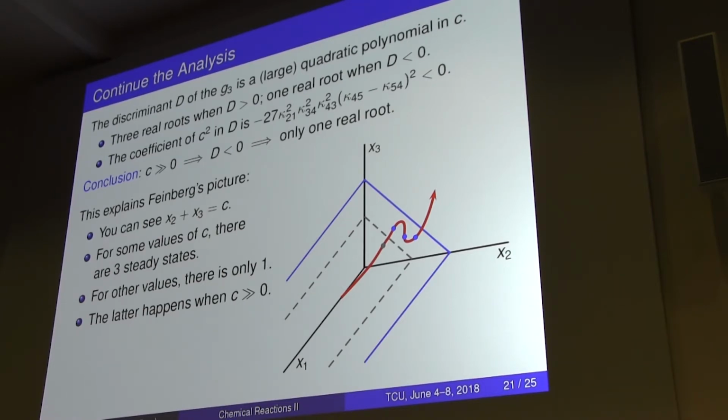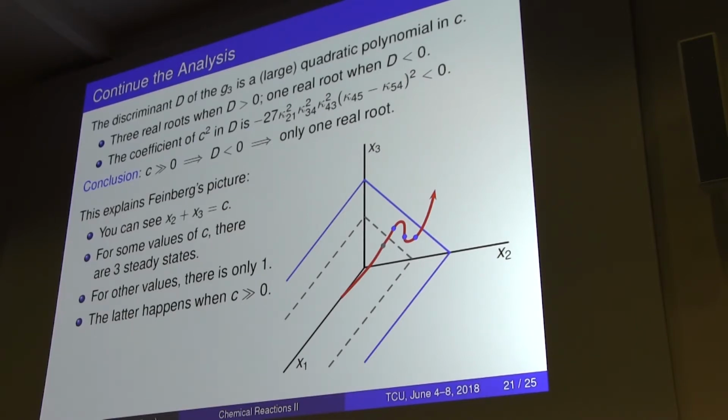And clearly, for some values of C, there are going to be 3 roots, and so there are some regions where the discriminant is positive, and others where it is negative. And the point is that when C is really large, when I go far out, I'm in the situation where I have only one real root. So that is a symbolic computation commentary on this picture from Feinberg.